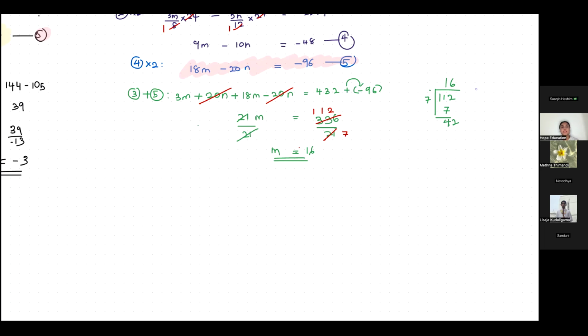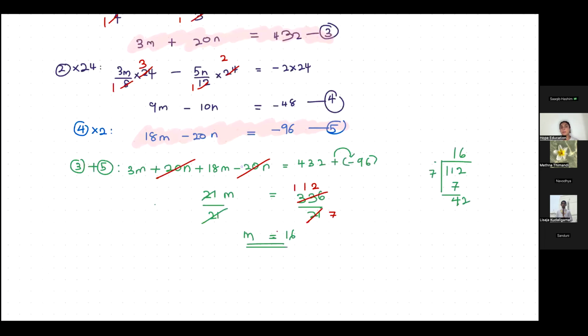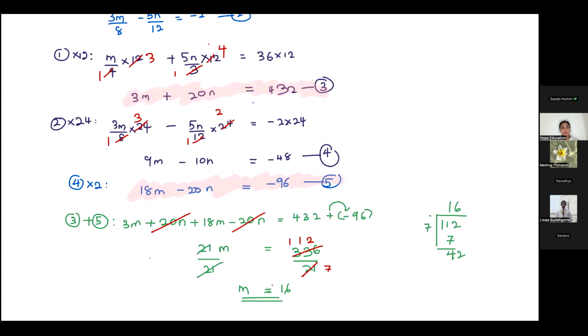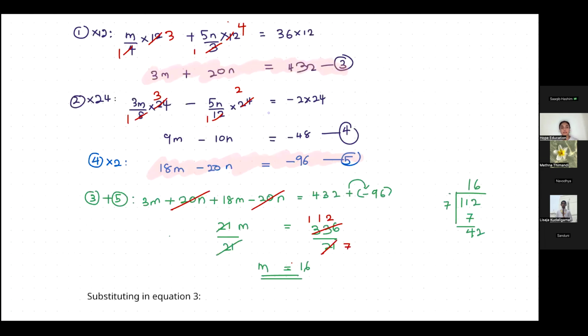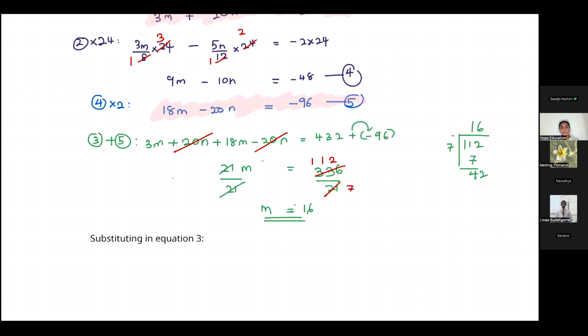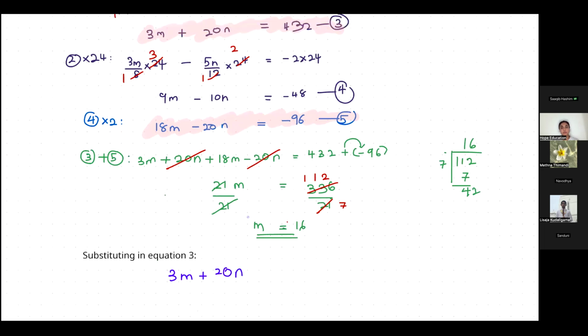Okay. Then we have to substitute into an equation. I'm going to use equation 3, right? So substituting in equation 3. Equation 3 was 3m plus 20n equals 432.